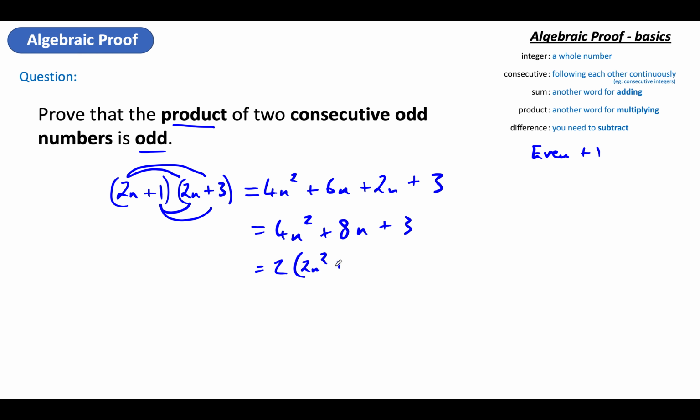Divide 8n by 2 and I get 4n. So this bit is even, because it's 2 times something. And we've got 3 over here. Now remember, my numbers always go even, odd, even, odd. So if this number is even, that means we're here. I do 3 jumps, 1, 2, 3. It means I end up at an odd number. So this must be an odd number.